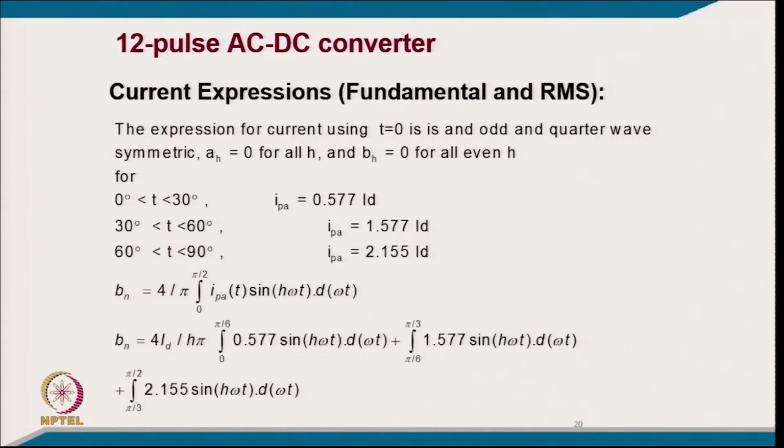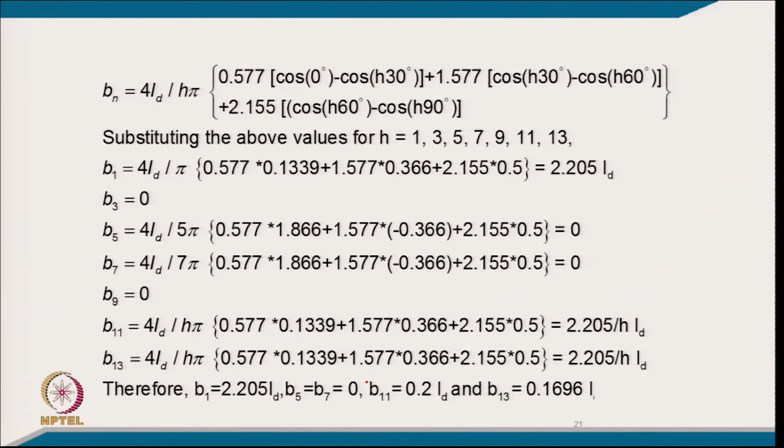And typically if we talk about a little analysis of this waveform, these are the magnitudes for different degrees. If you talk about 30 to 60, 60 to 90 degrees, and the remaining portion, 90 to 180, and then the remaining half cycle is identical in magnitude, you can calculate the Fourier series coefficients from there, and then you can have a final expression.